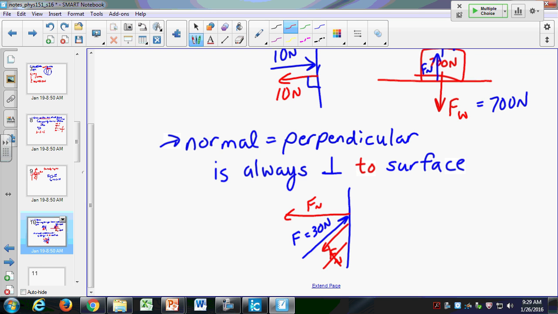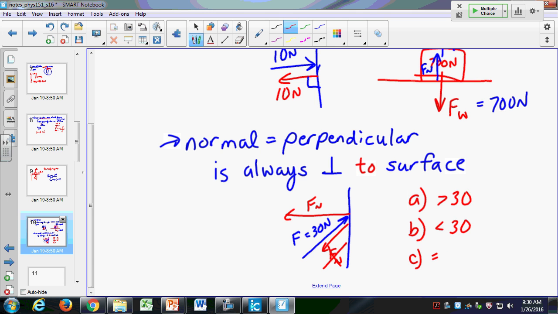In that case, would that normal force be greater, the same, or less than 30 newtons? Let's do that as a clicker question. So is the normal force bigger than 30 newtons? Is it less than 30 newtons?